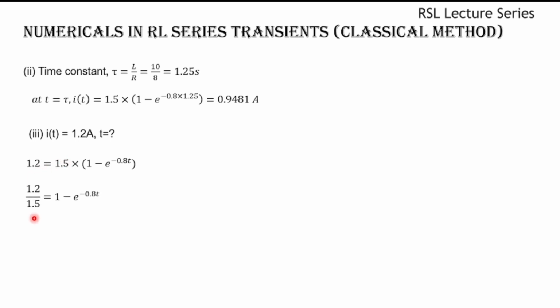So this can be written as 1.2 divided by 1.5 is equal to 1 minus e power minus 0.8t. On simplification, we'll get e power minus 0.8t is equal to 0.2. Taking natural logarithm on both sides, we'll get minus 0.8t is equal to ln 0.2, or t is equal to 2.011 seconds. Okay, so this is the time corresponding to 1.2 ampere of current.